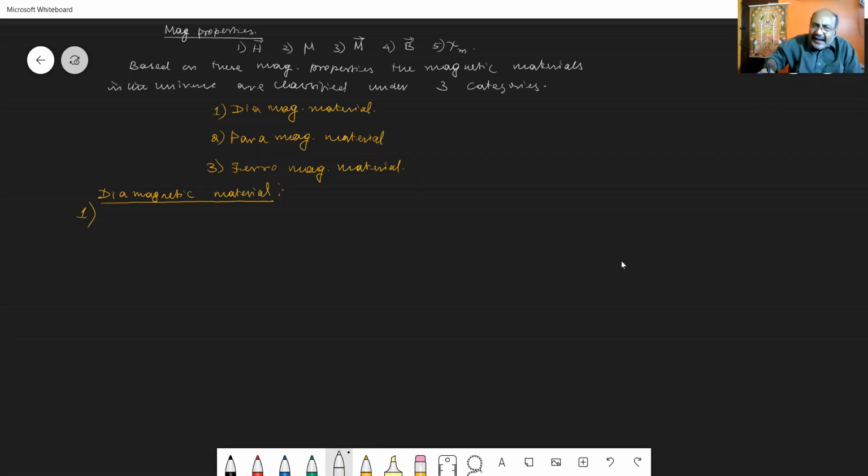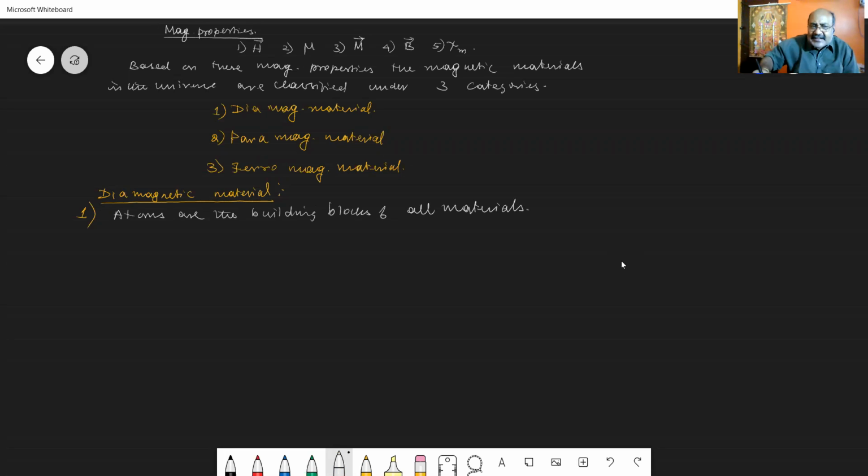When I am taking any material in this universe, I can say atoms are the building blocks of all materials in this universe.